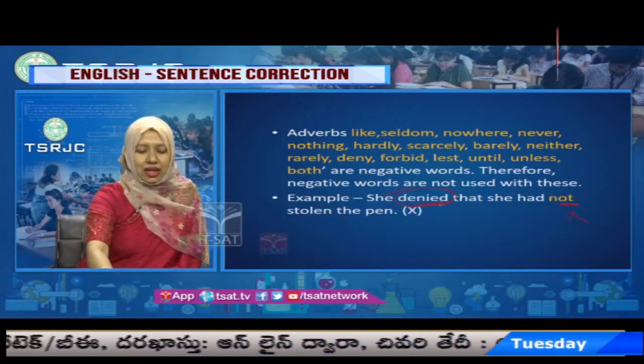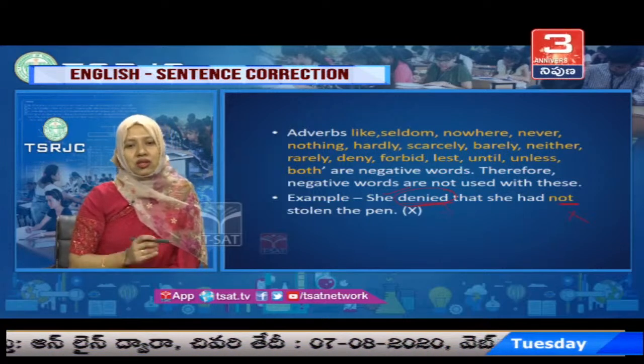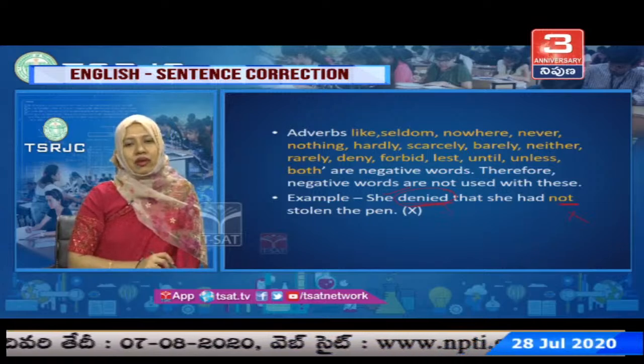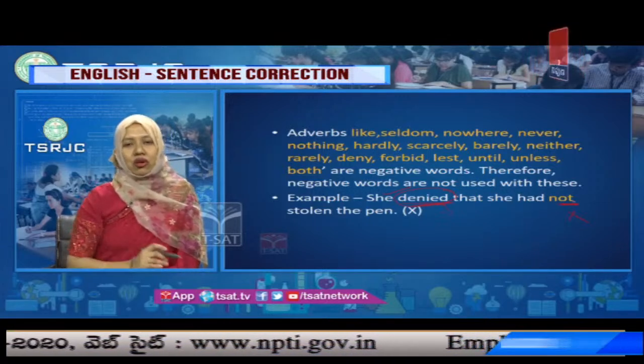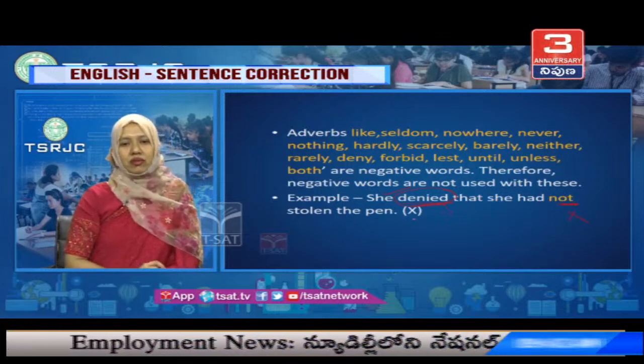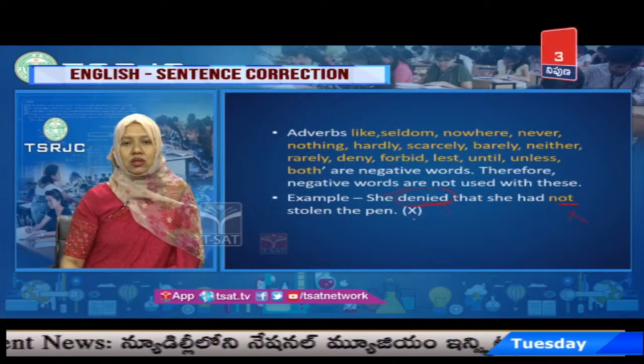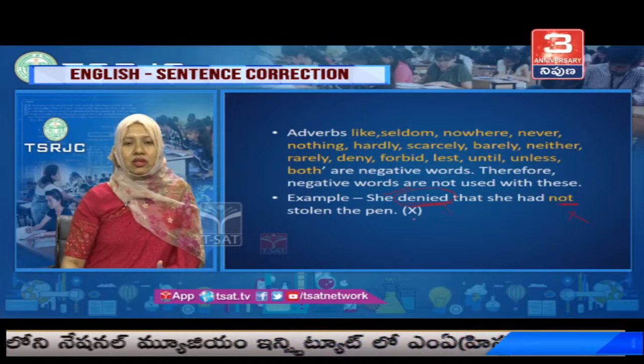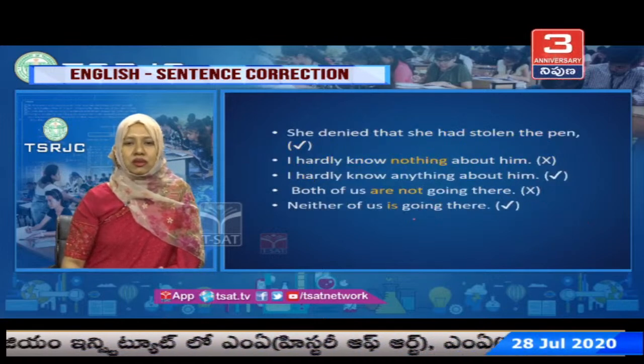If you use not, then the sentence is wrong. Never use not or negative words with such words.